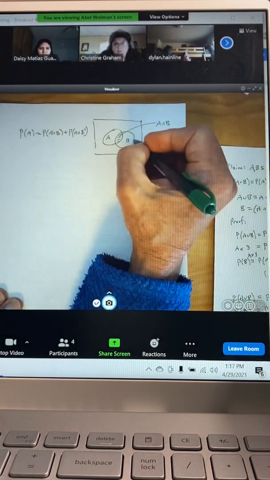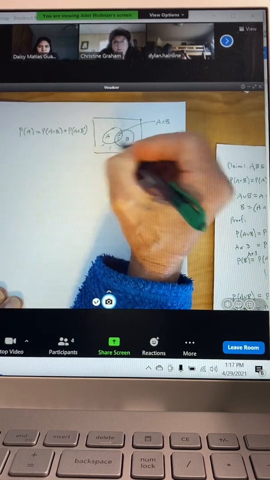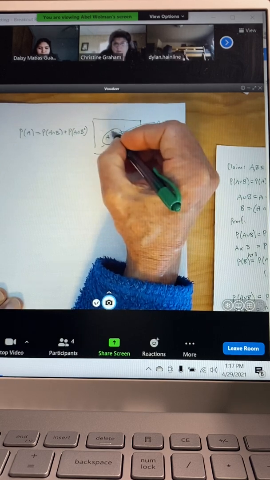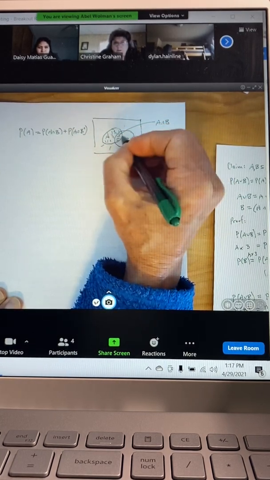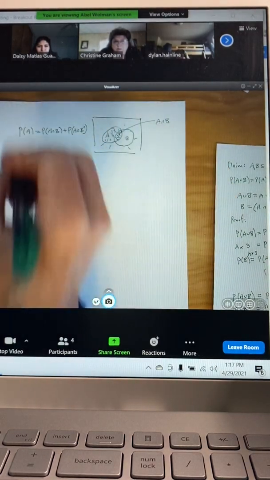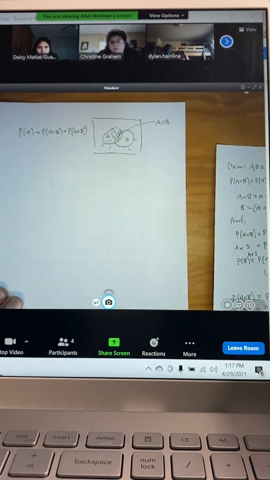So B complement is all this stuff. And if we intersect that with A, then we're going to get this. And when we combine it with this, we get A back again.